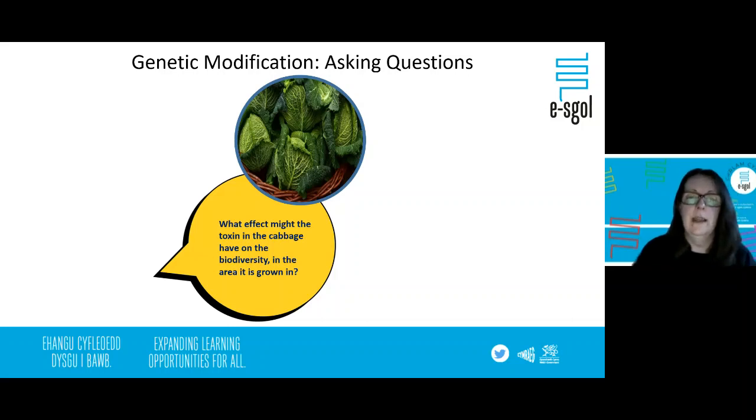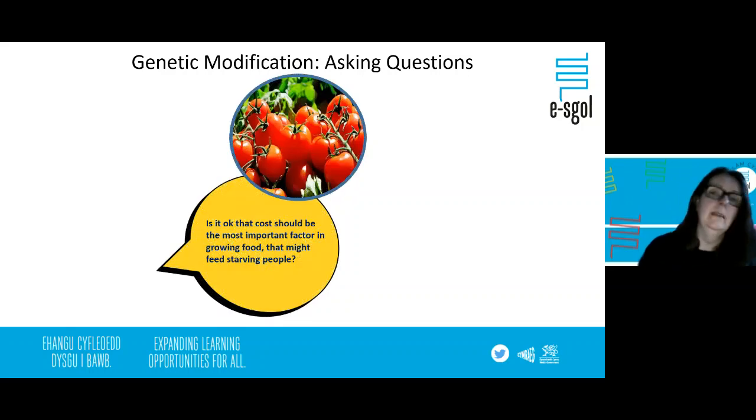So if the caterpillars eat the cabbage and then another organism would come and eat the caterpillar, but the caterpillars are no longer around, then what happens to those organisms that would eat the caterpillars? Can they find another source? Does it affect that food chain? And then in terms of biodiversity, would we support a very big community of organisms there? That's just things to think about.